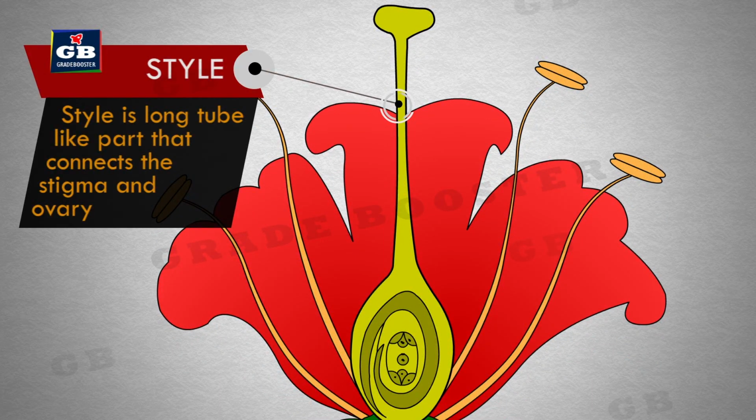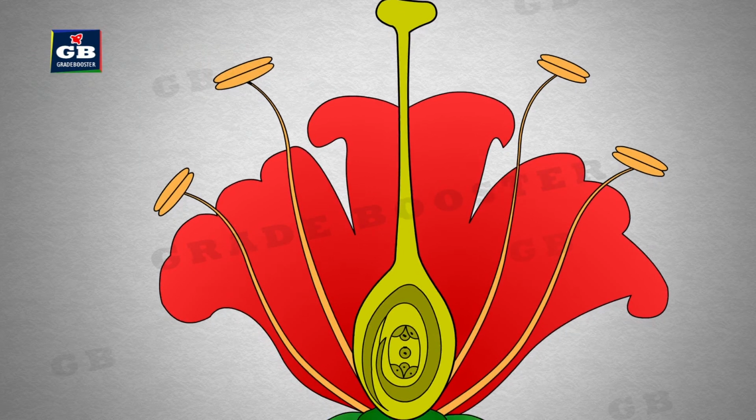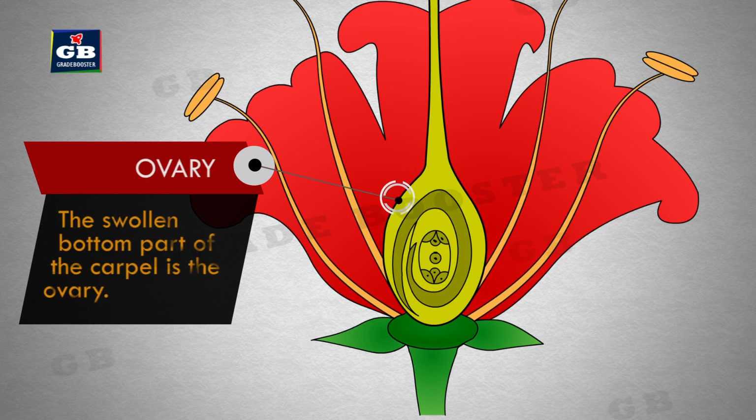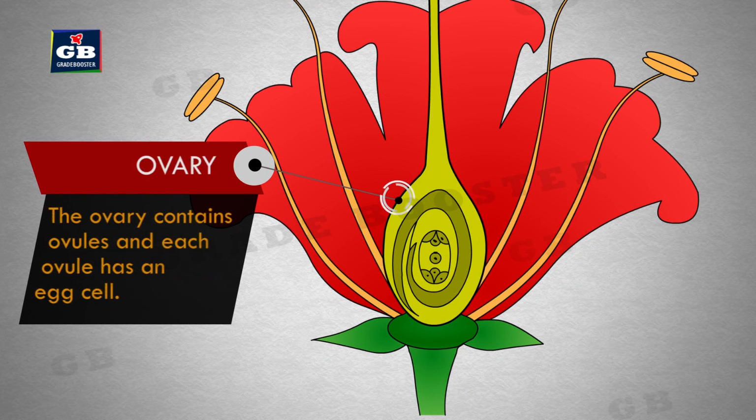Style. Style is a long tube-like part that connects the stigma and ovary. Next, ovary. The swollen bottom part of the carpel is the ovary. The ovary contains ovules, and each ovule has an egg cell.